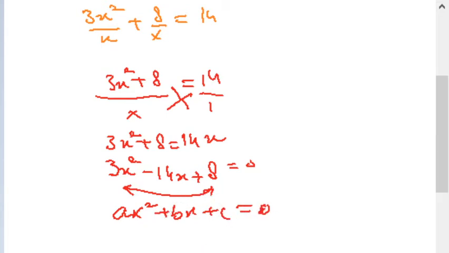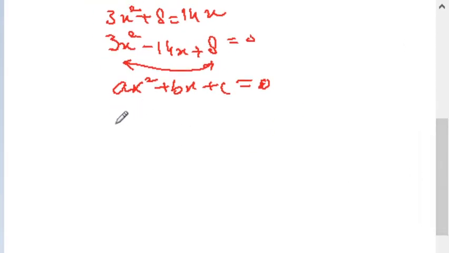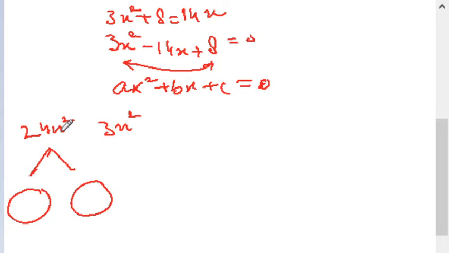So now we can factorize it and solve it. Multiplying 3x square and 8, we get 24x square. Now we need two things whose product is 24x square, but when we add them we get minus 14x.